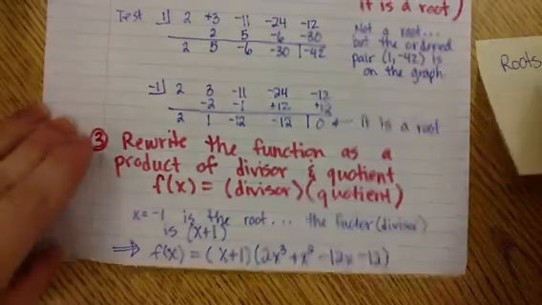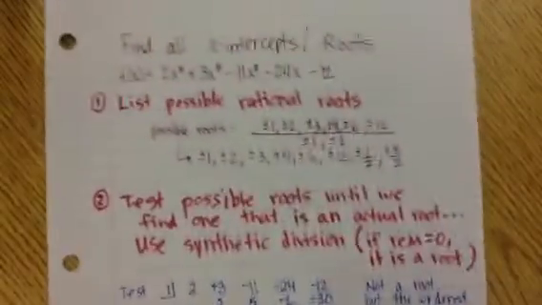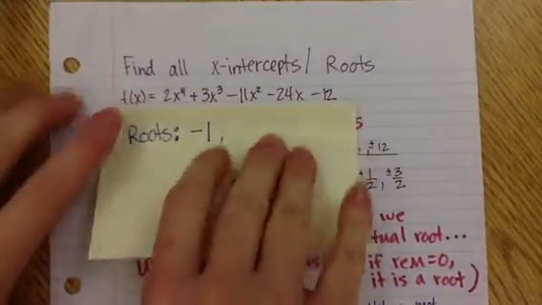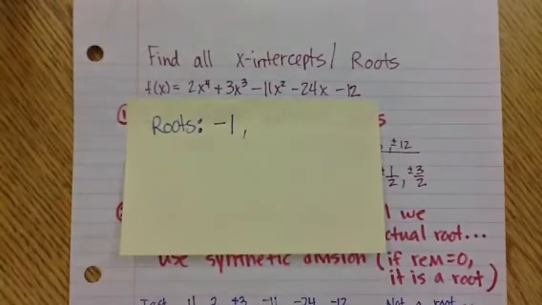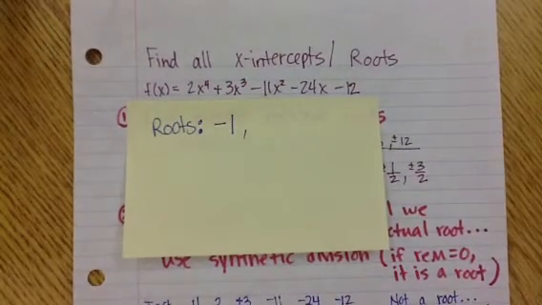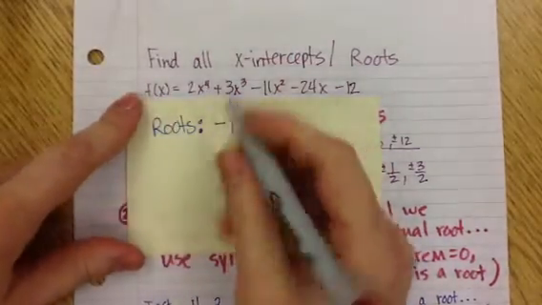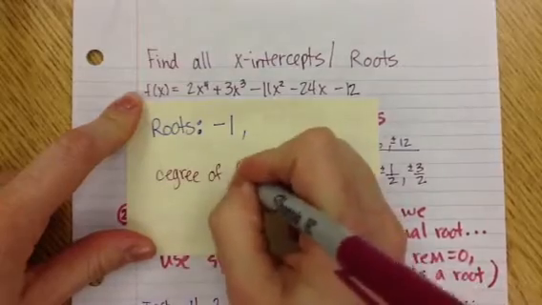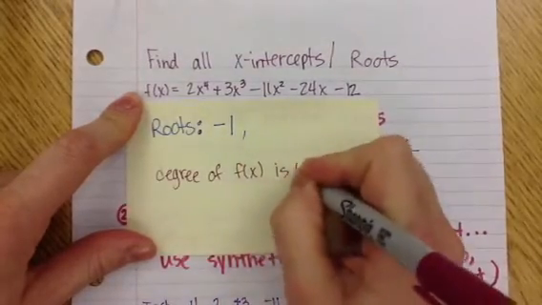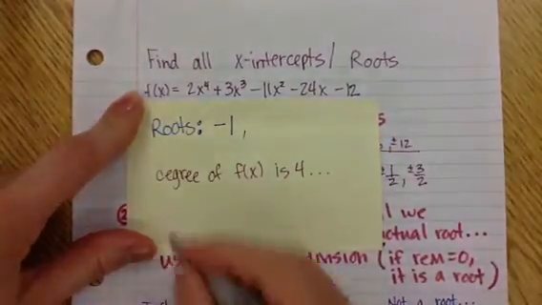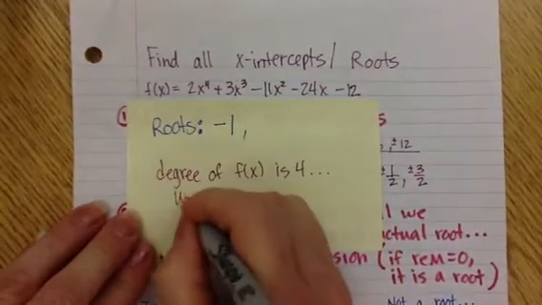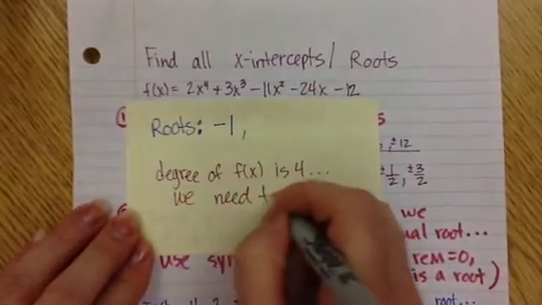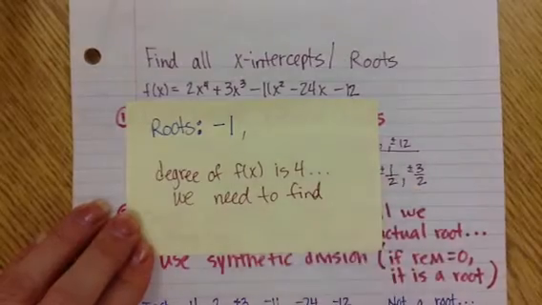Let's go back and look at our original function. This function was 2x^4 + 3x^3 - 11x^2 - 24x - 12. Notice that the degree of our function is 4, so that means we need to find how many roots.